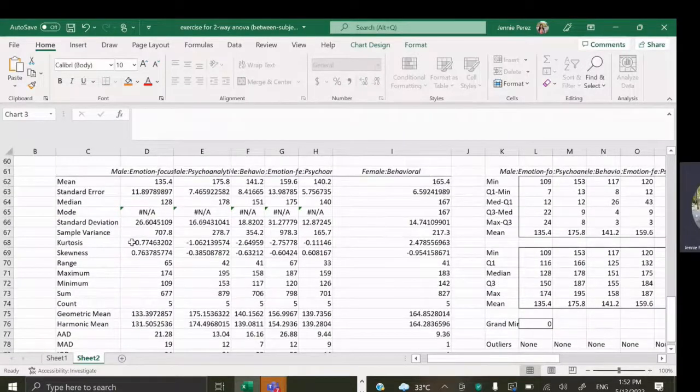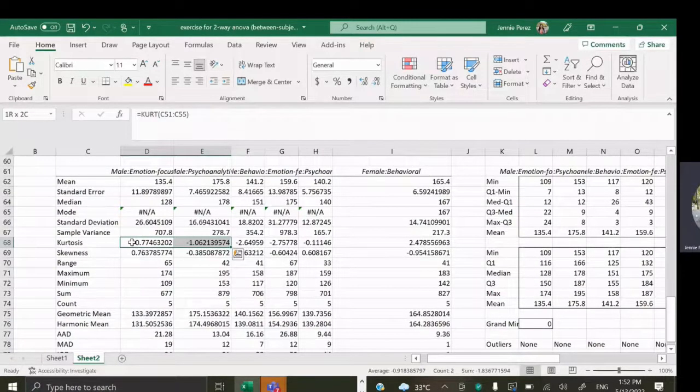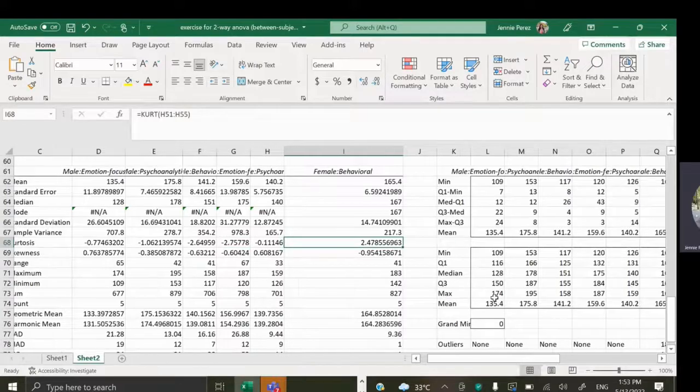So here, if we will look at the kurtosis of all 6 groups, these are the kurtosis and these are the skewness. The somewhat high ones here are 2.64, 2.75, 2.47.